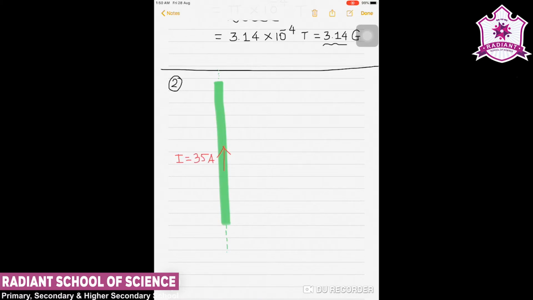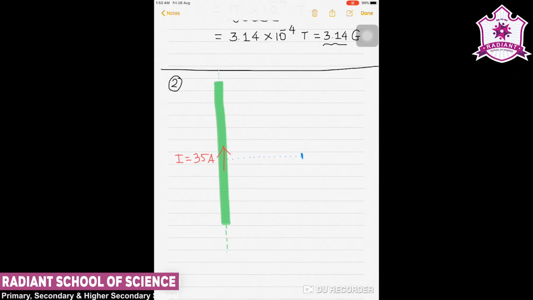We are also given the magnitude of the field B at 20 centimeter from the wire. In this case we have to find the magnitude of the field at some distance.